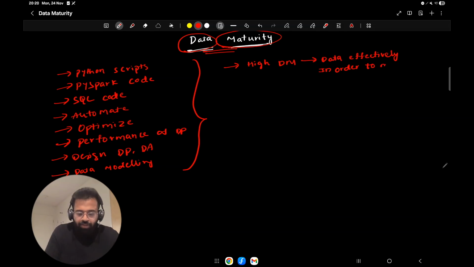And vice versa, of course. When we say that a team has low data maturity, then the team is not using the data effectively.